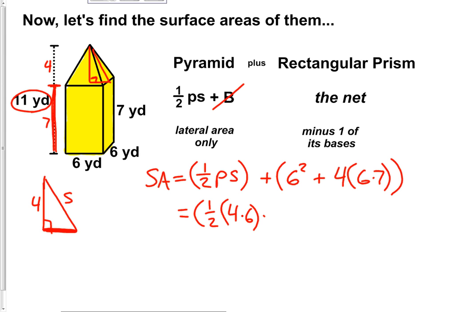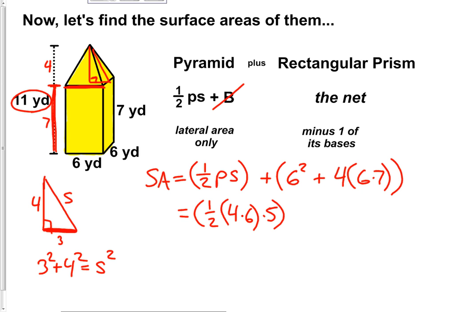We have 6 units all the way across the edge of the base there. And of course, this little triangle that we've got built in there using the height only goes halfway across, so the apothem is 3. Hopefully you can see right off the bat that the slant height is going to be a 5. If you can't see that, it's probably time that you learn the 3, 4, 5 right triangle, but if you must, plug it into the Pythagorean theorem.